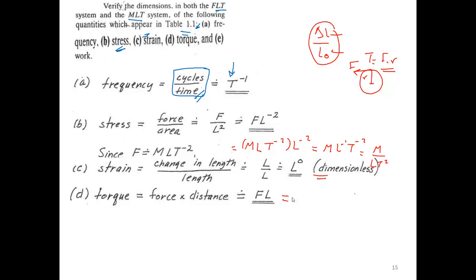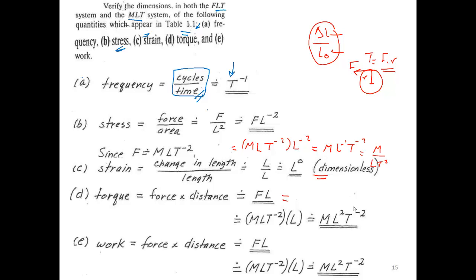Force is ML T minus 2 times L, and that would be ML squared this time. That one was L negative 2 and L, so it gave you L negative 1 right here. This one is L squared, or L and L, so it will give you L squared T negative 2. And finally, work.